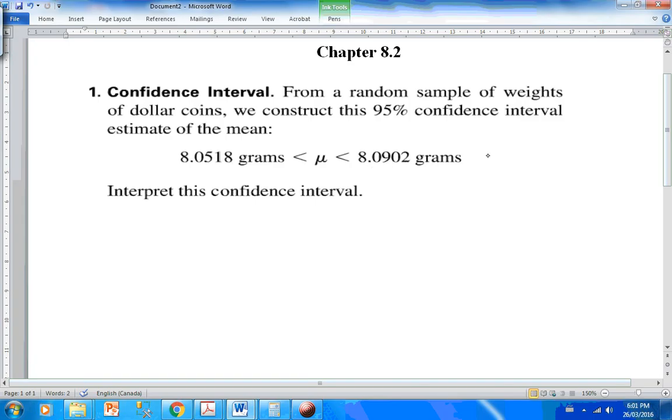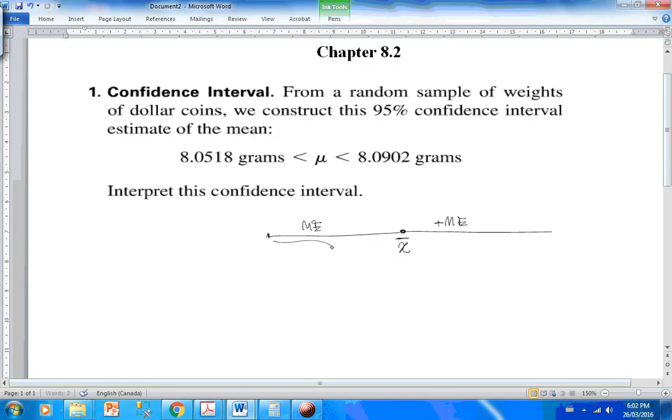So we know that a confidence interval is basically a single sample's x bar plus minus margin of error. So plus margin of error and minus margin of error.